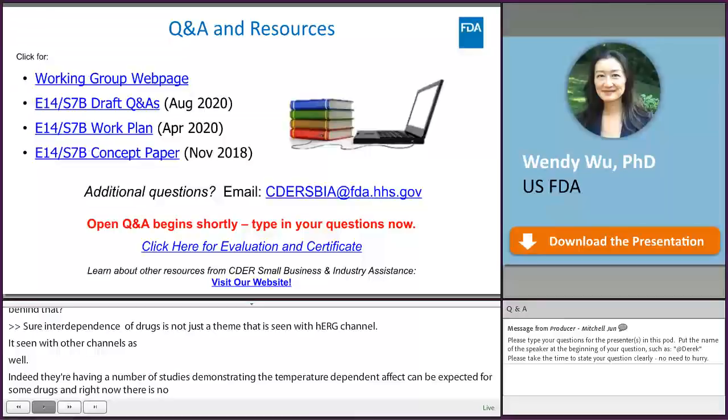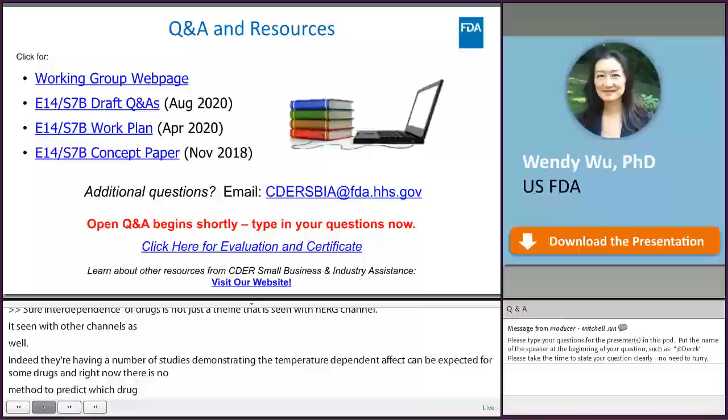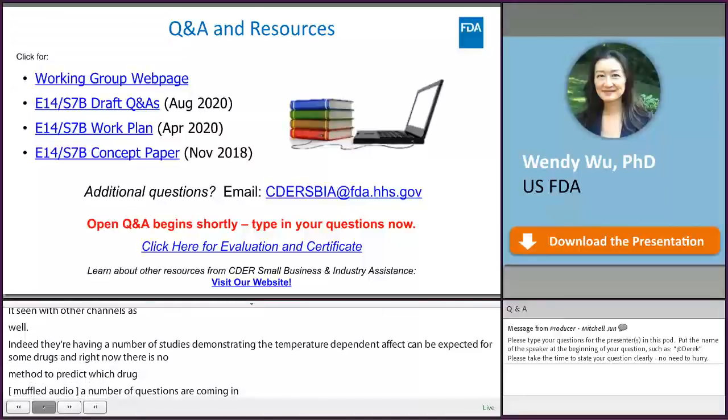I think there have been a number of questions coming in regarding concerns about recording at 37 degrees for sodium and calcium currents, because these can be very fast signals, and relating to voltage control.